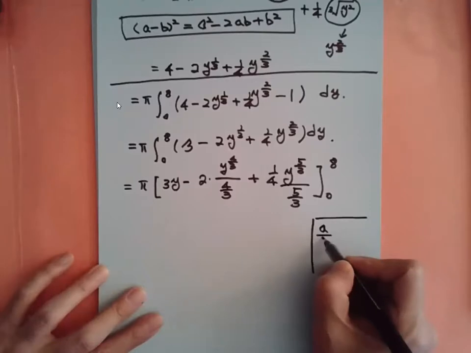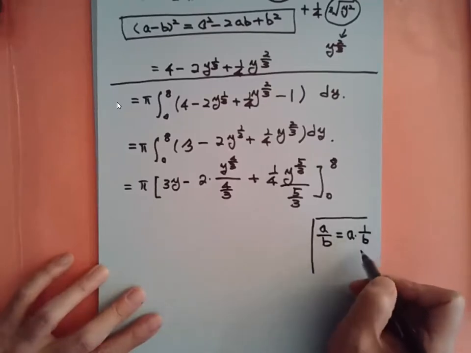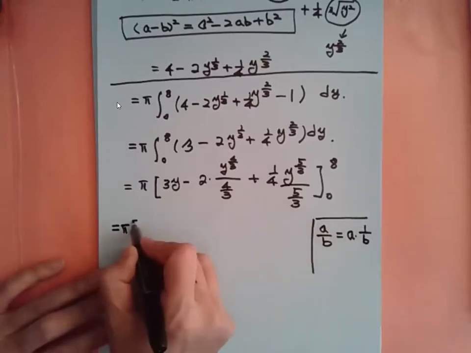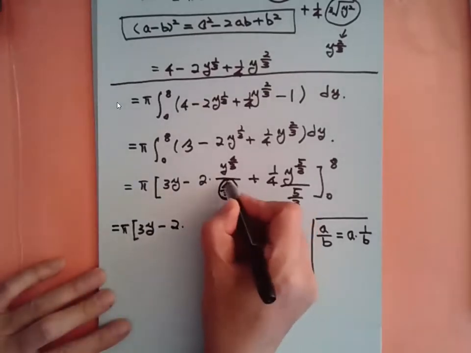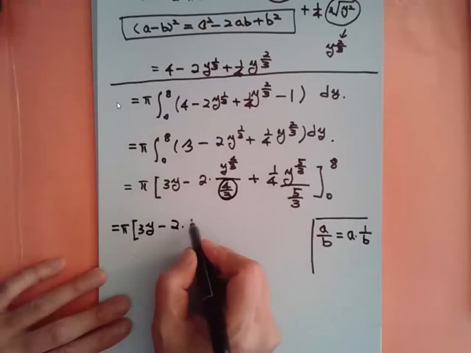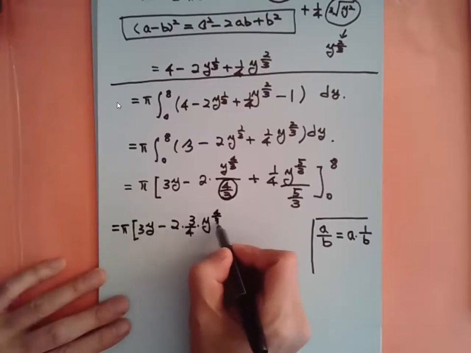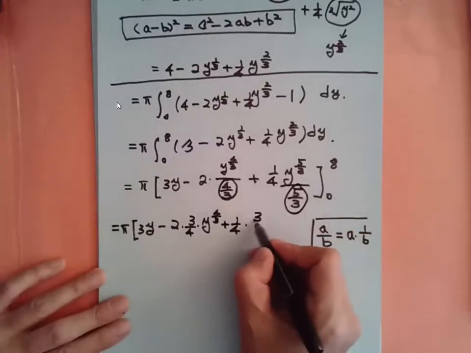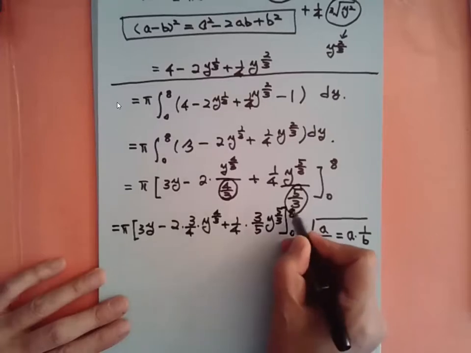We use this principle: a over b can be written as a times 1 over the denominator, the reciprocal of the denominator. So this can be written as pi times 3y minus 2 times this denominator. When we multiply, we flip and multiply, which means 3 over 4 times y to the 4/3 plus 1 over 4 times the reciprocal, so 3 over 5 y to the 5 over 3, from 0 to 8.